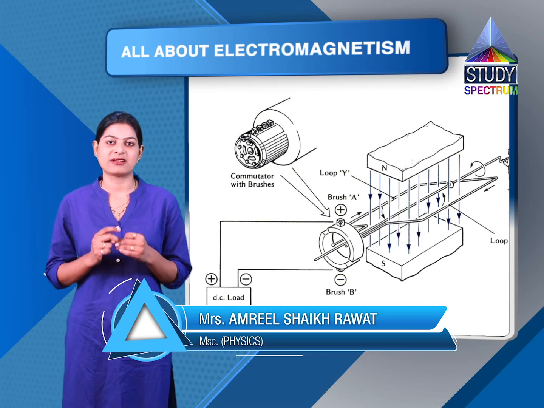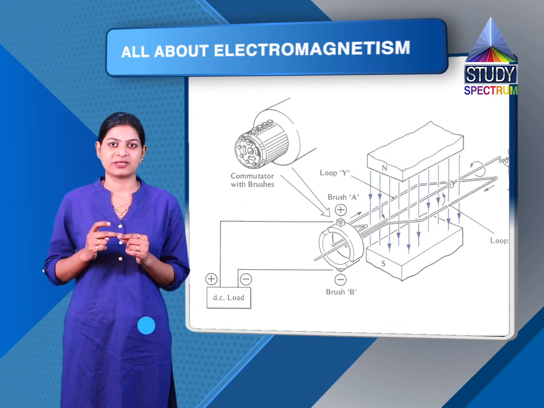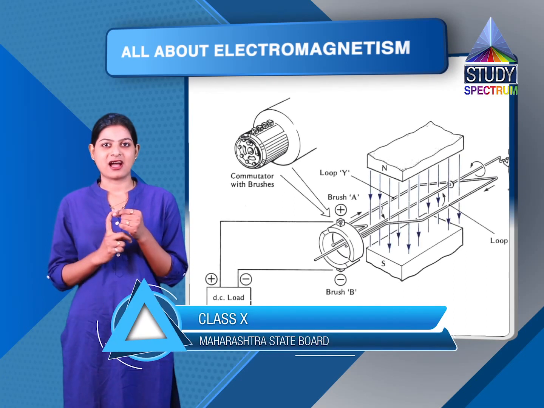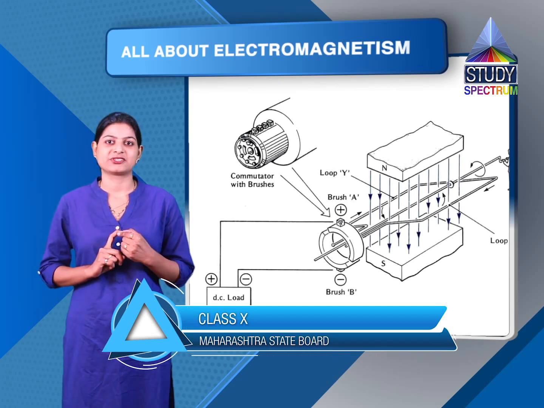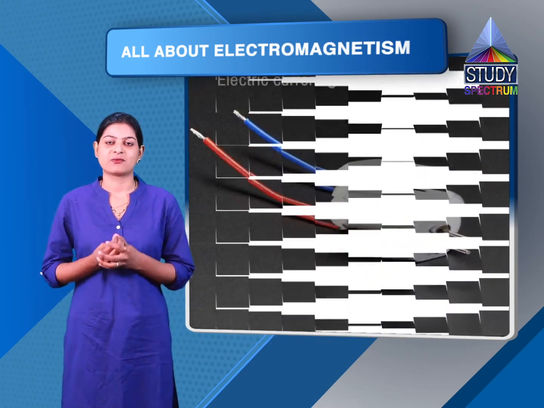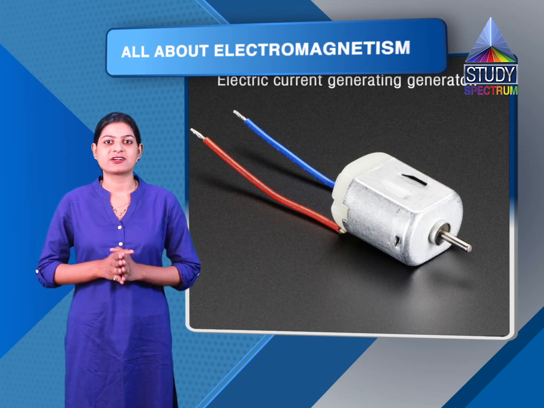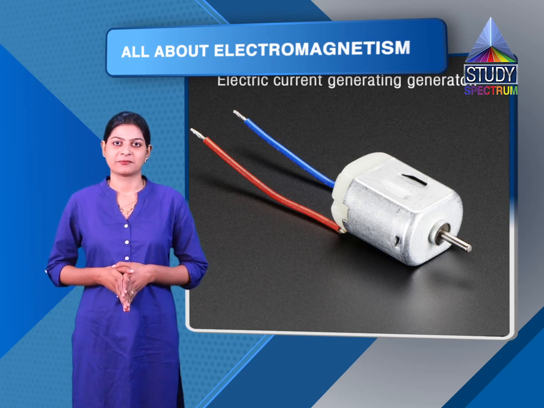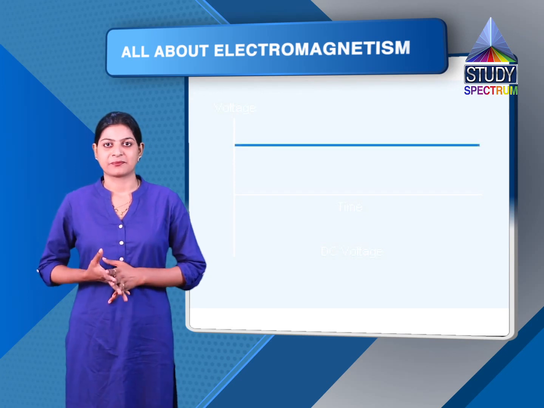That means there is no current in brush 2. And when the current passes through brush 2, then the first half of the electric motor remains refrained from the electric current. This is the only reason why an alternating current can be generated using the reverse mechanism of an electric motor, which is known as an electric current generating generator.